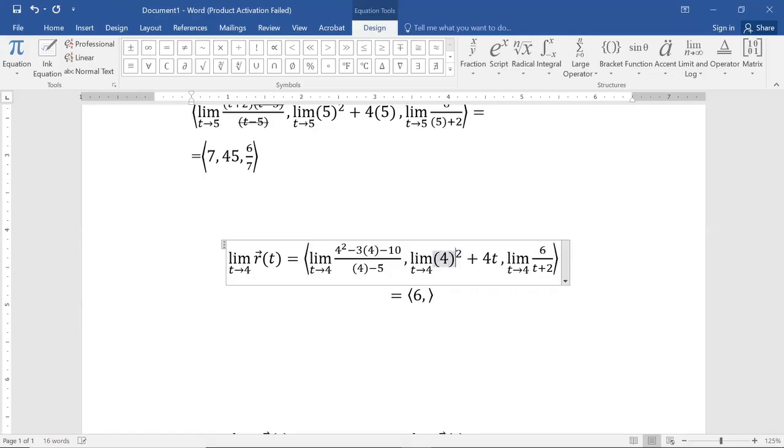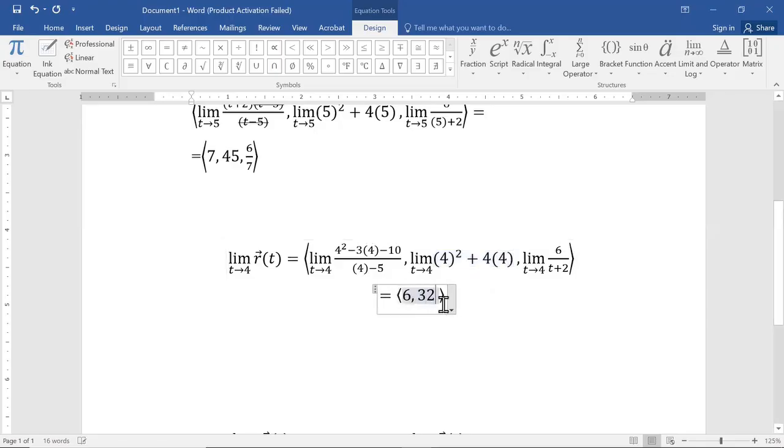When I replace t by 4, I get 4 squared plus 4 times 4, which is 32. So my second component is going to be a 32.